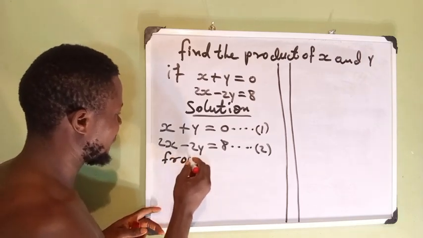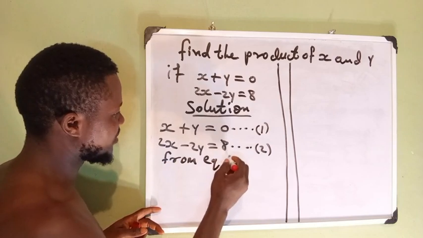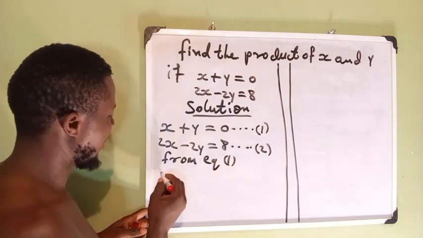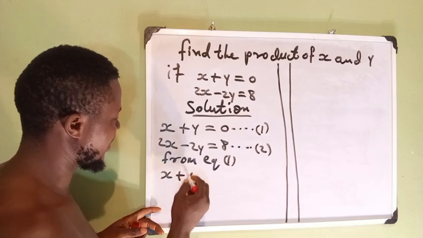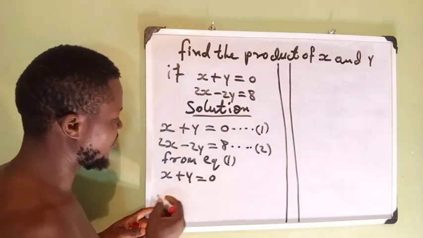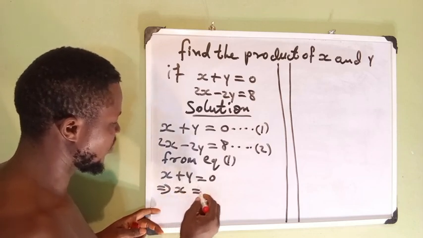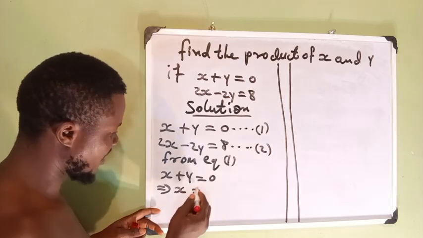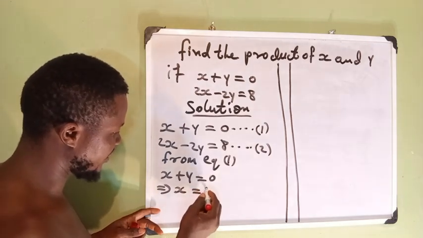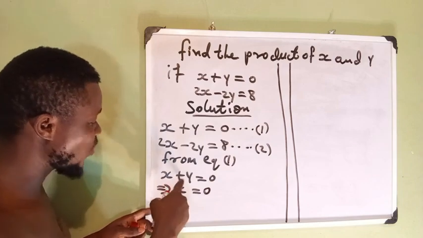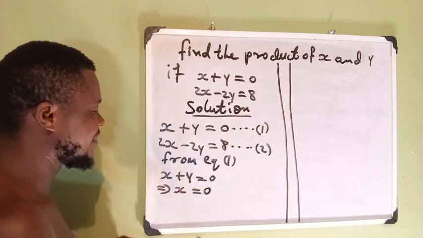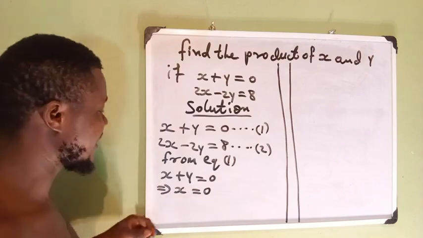From equation 1, we have that x plus y is equals to 0. This shows that x is equals to, I've now brought down the equality sign and put 0. So when this y crosses the equality sign, it becomes negative.